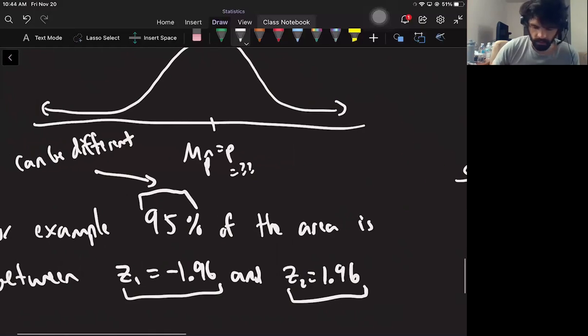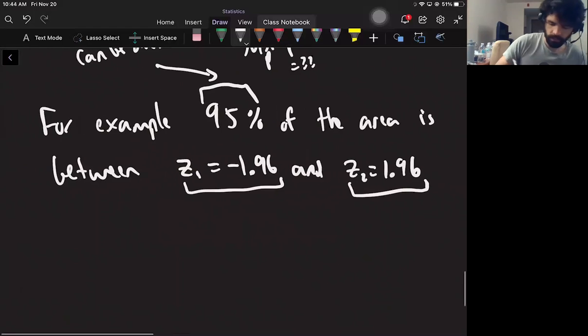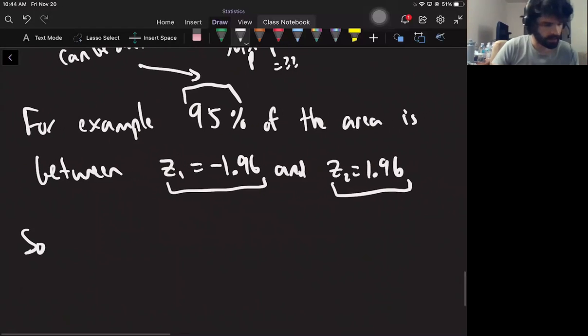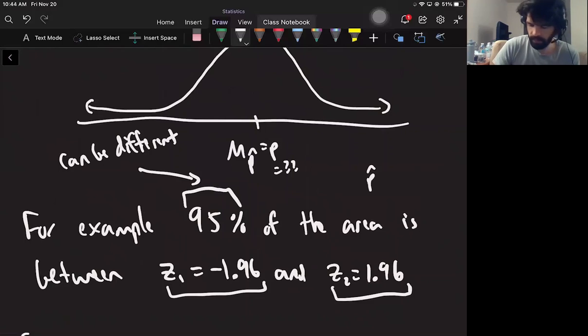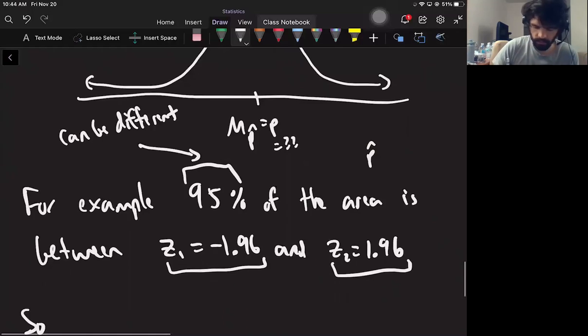So how can we take advantage of this? Well, what that means is that if you take a sample proportion, a p hat, 95% of them are between these two z-scores. That's the idea.